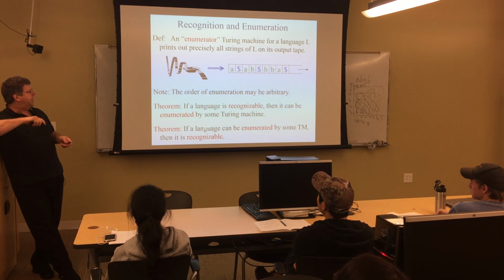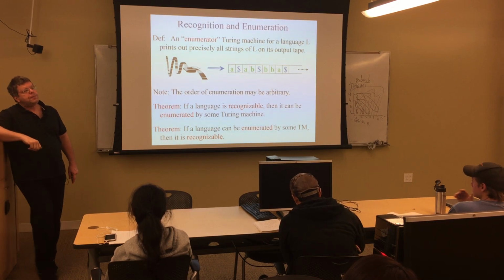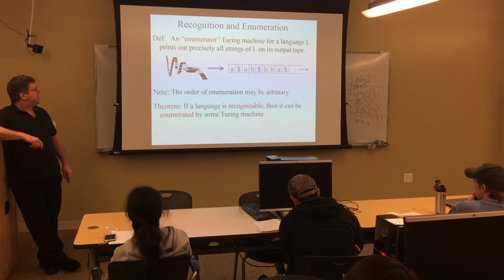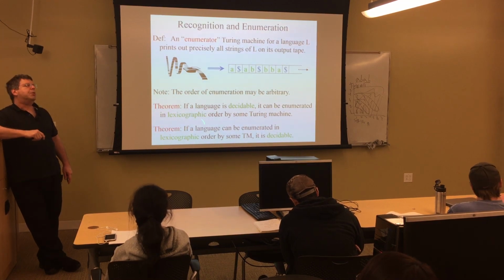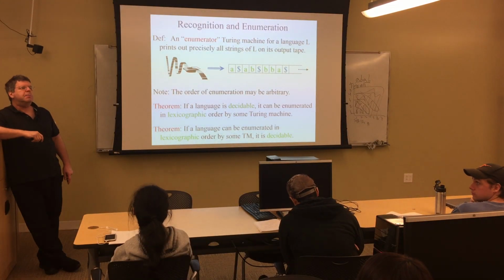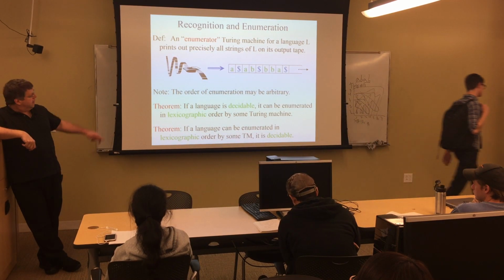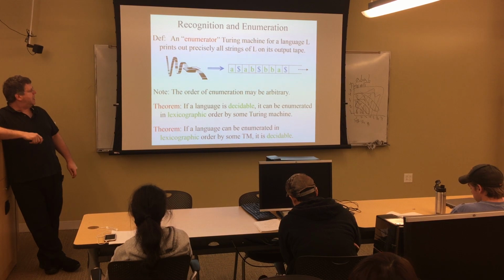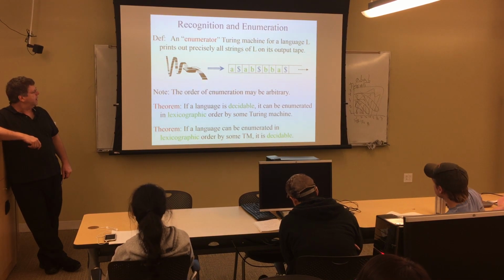So these two theorems say together that something is recognizable if and only if it can be enumerated. The previous two theorems say that if something is decidable, it can be enumerated in lexicographic order. And those two are the same concept. They characterize the same set of languages. So decidability is the same as being enumerable in lexicographic order.